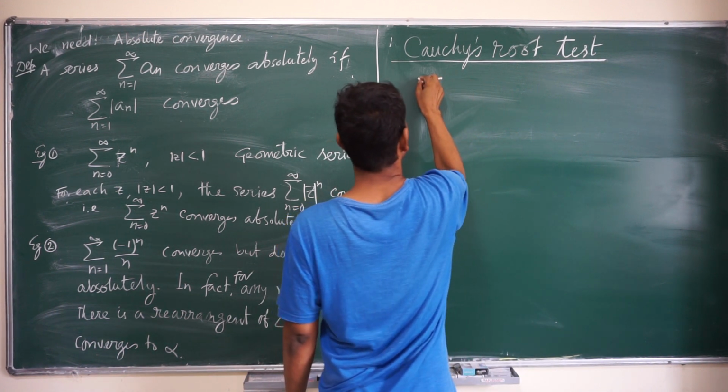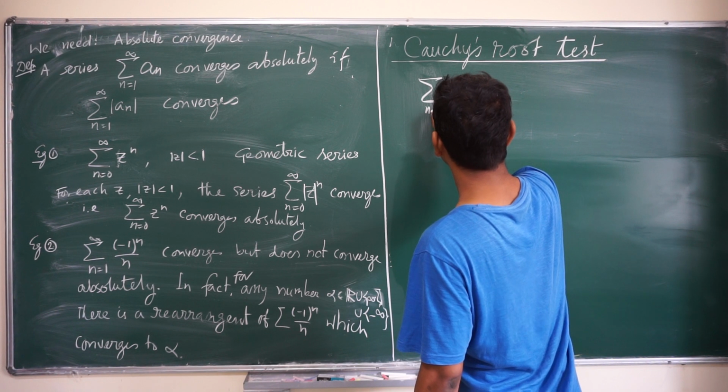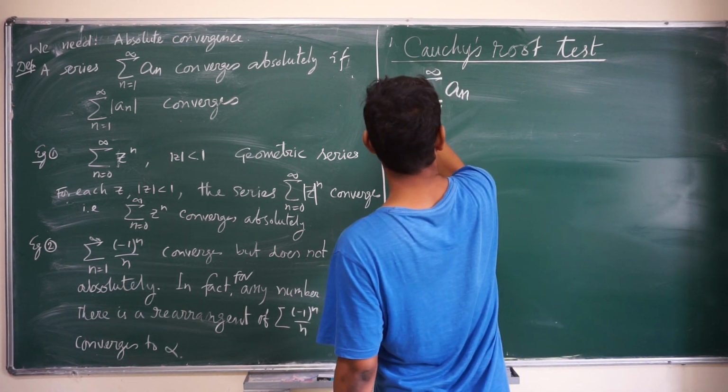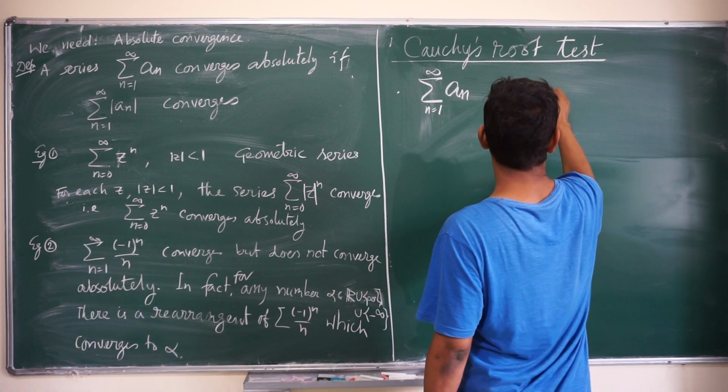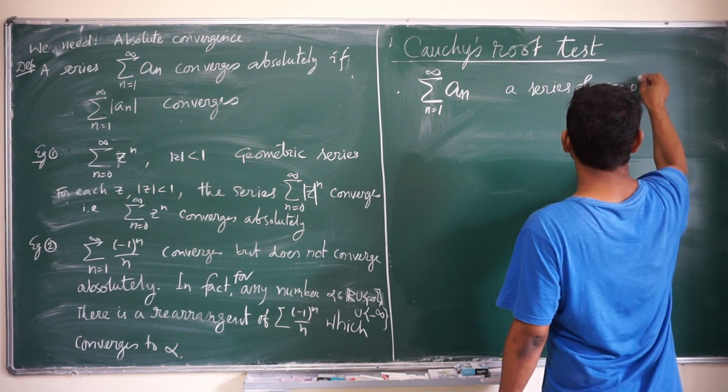So you have a series summation a n from 1 to infinity, a series of complex numbers.